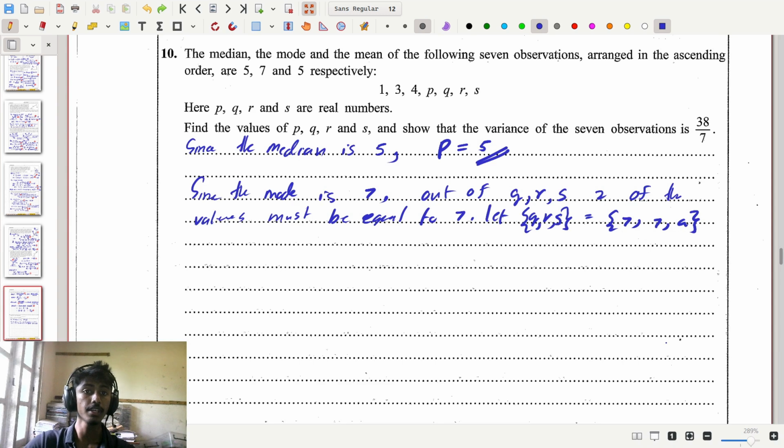Now given this, if we next consider the mean is equal to 5, and the mean is the sum of all of these values divided by the number of values.